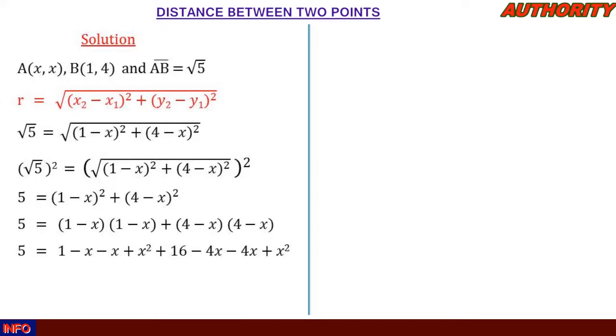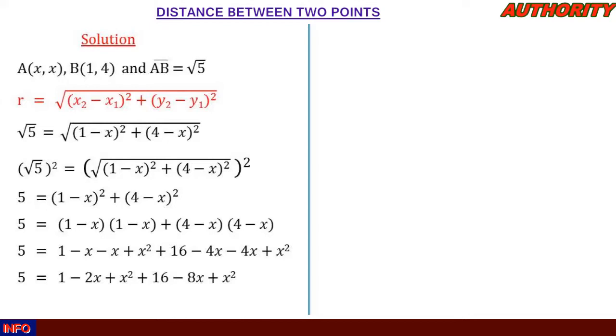Here x minus x gives us minus 2x, and minus 4x gives minus 8x plus x squared, so we have 5 is equal to 1 minus 2x plus x squared plus 16 minus 8x plus x squared.